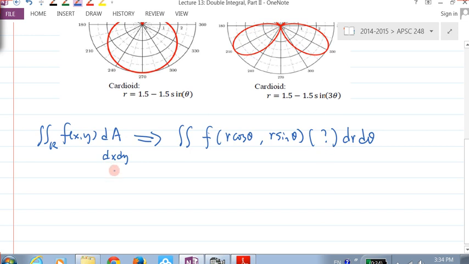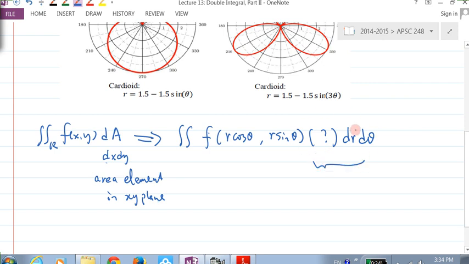So you see, dx dy represents what? This is representing an area element in the xy plane, or in the xy variables. Now we have a similar thing.